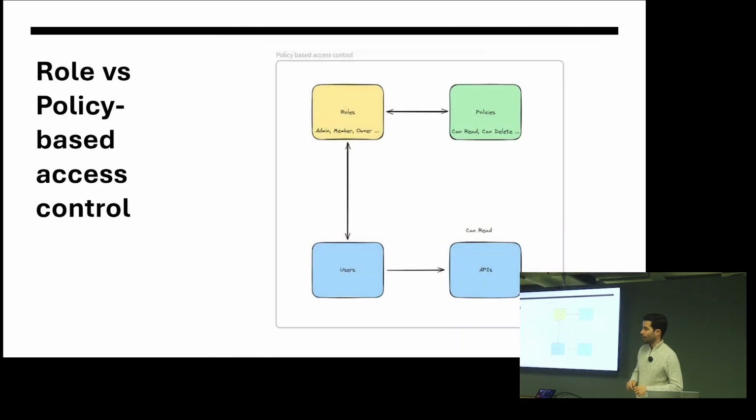So when I was talking about role-based versus policy-based access control, I was talking about something like this. Consider that you have an API. For instance, consider that I don't have this bit yet. Right now, I'm going to talk about role-based access control. Consider that you have an API and you want just the administrator to have access to this API.